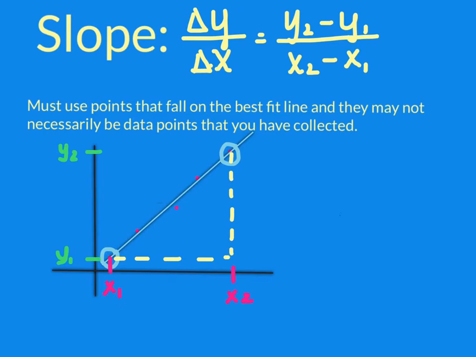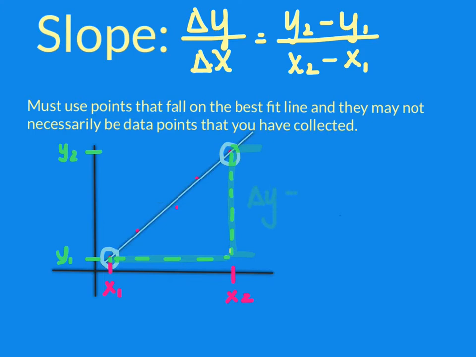Just one other thing to mention. At some point in your school career, you might have heard the term rise over run. So I'm going to explain what that means. The rise is how far the line rises in a given period, and so this is your change in y.